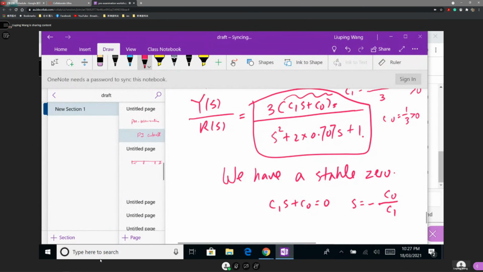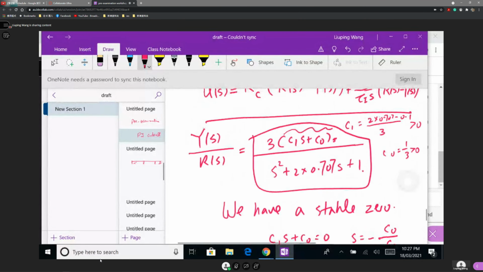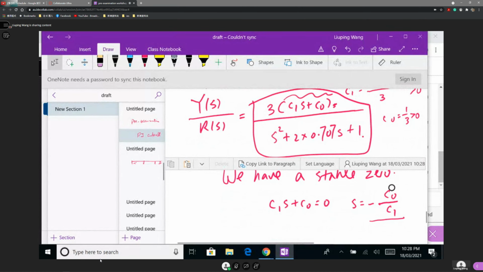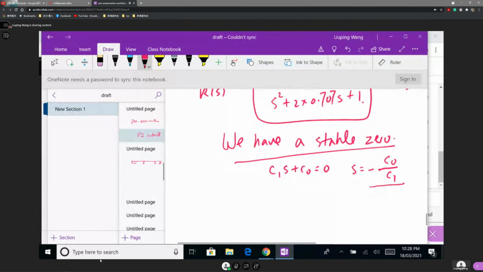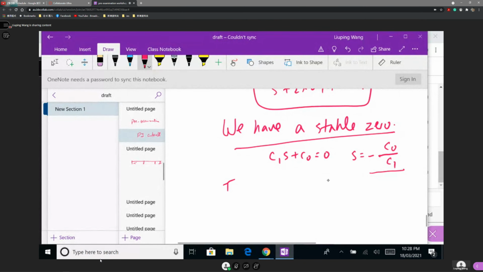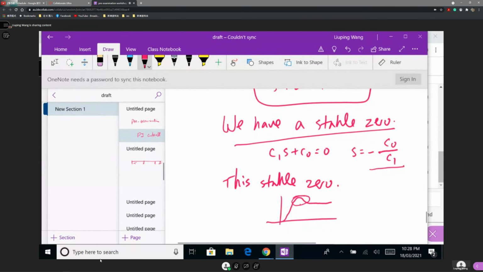That's your zero. So this is big, and this is a stable zero. The response of the stable zero goes like this. So the initial response is like this, and the response on top of that is this. So that causes the overshoot.